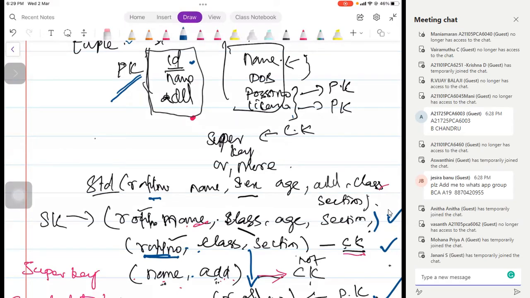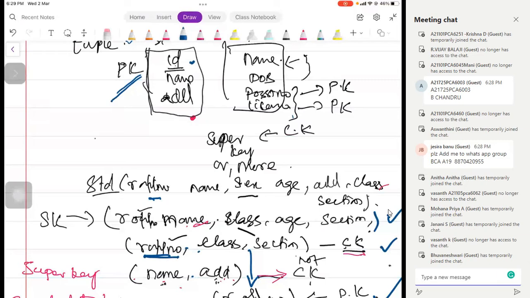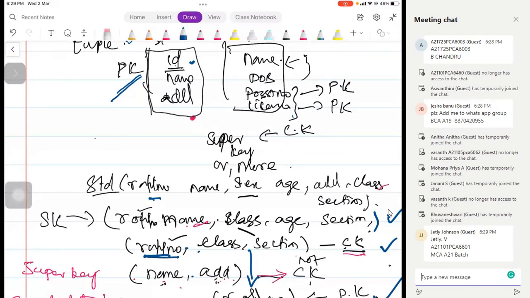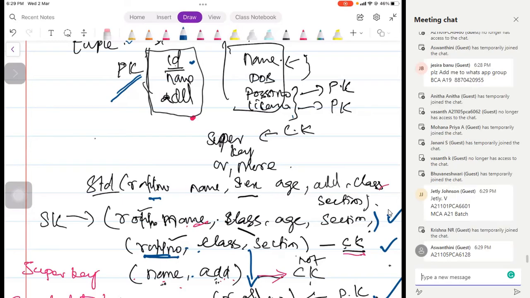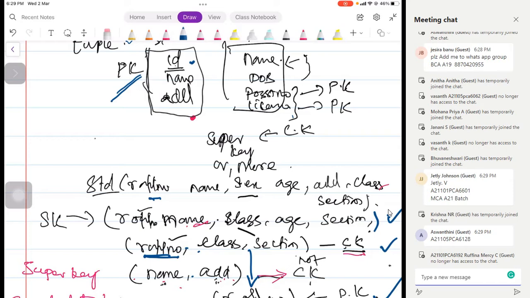If you need more than one identity to identify a particular person, then combining more than one key is called a super key or a candidate key. A super key is the set of all possible keys. A candidate key means a subset of the super key. I will explain with an example, to make it clear.